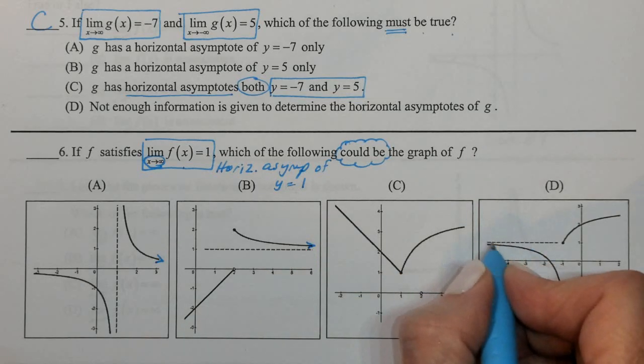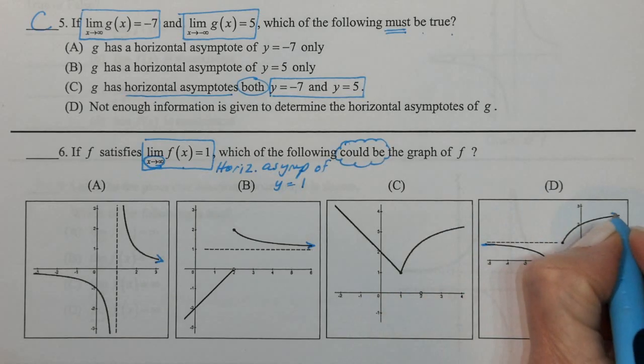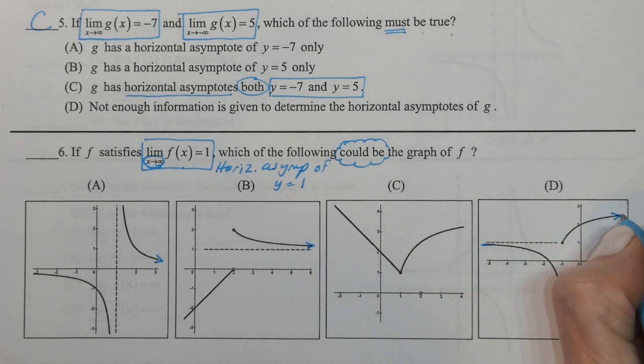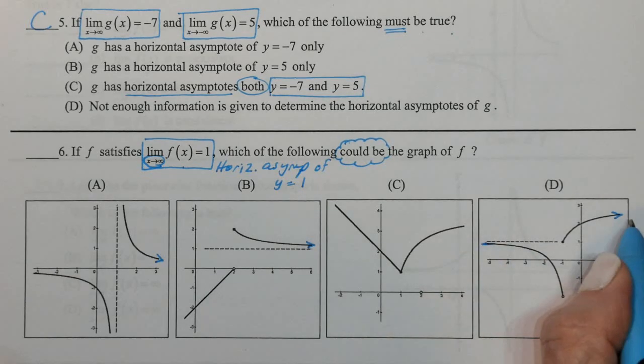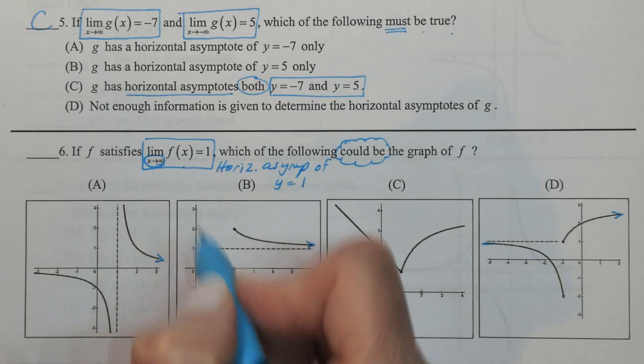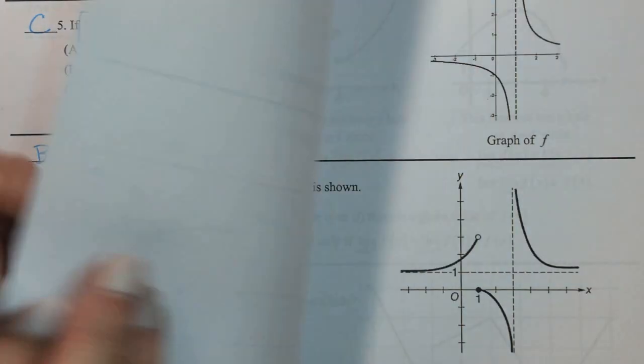This is the one that I was looking at, but in this one, as x goes to positive infinity, it does not look like y is approaching 1. As x goes to negative infinity, the y values are approaching 1, but not positive infinity, and this said positive infinity. So B. Alrighty? Okay.